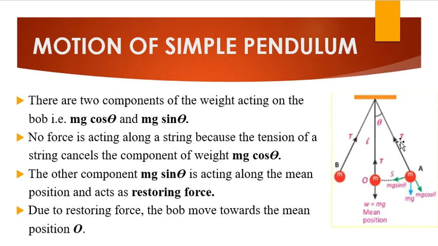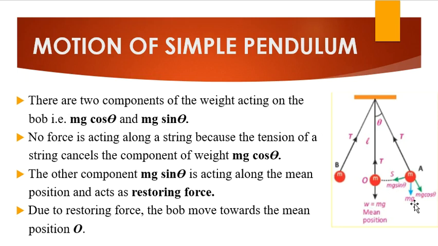Now there are two components of the weight which are acting on the bob. As we know, when we decompose a vector, like weight which is acting in the downward direction, it is resolved into two components. So we have two components: mg cos theta and mg sin theta.